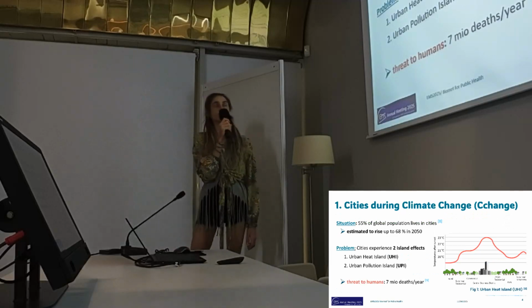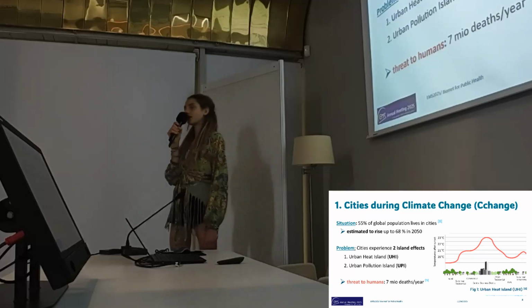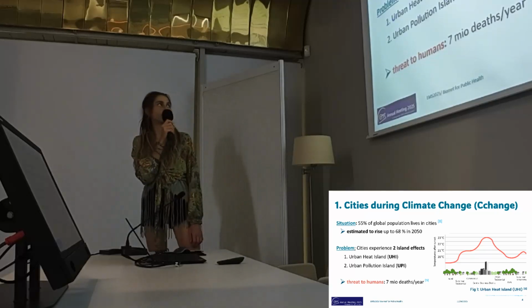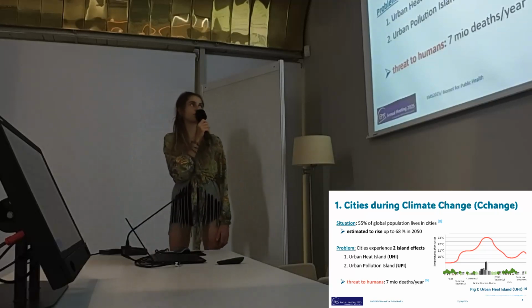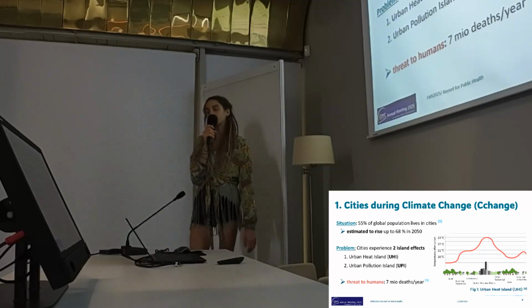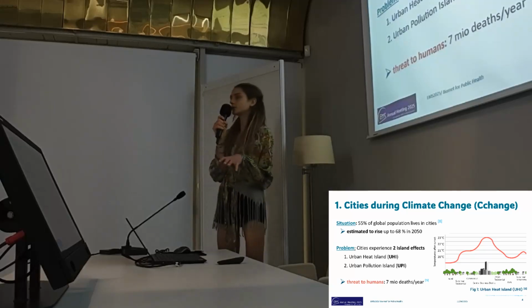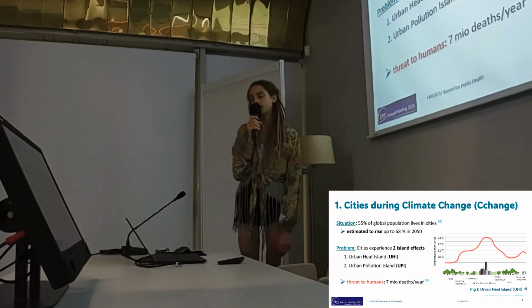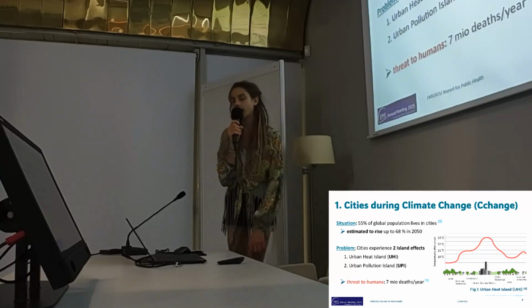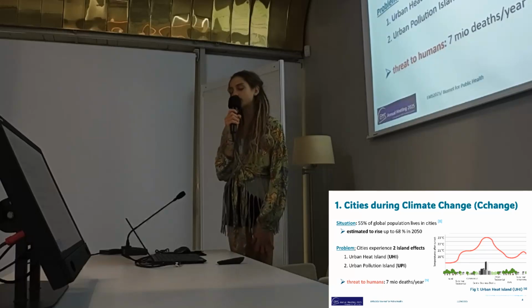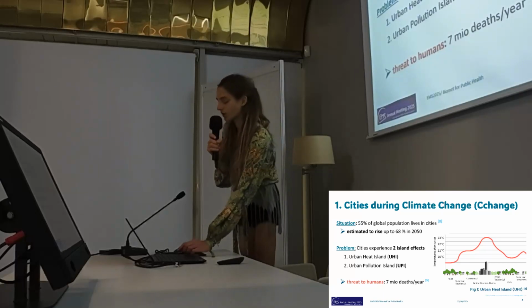However, cities experience two main effects. So first of all, the urban heat island, and secondly, the urban pollution island effect, meaning that mostly the densest areas of cities are warmer as well as more polluted than the surrounding areas, and this causes about 7 million deaths per year.